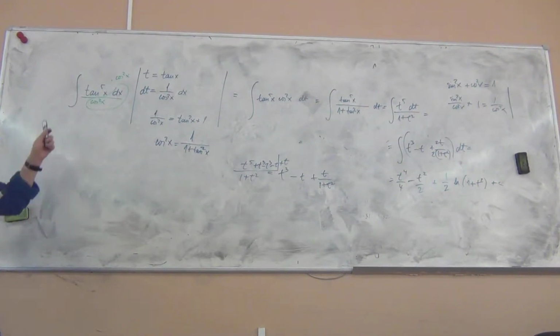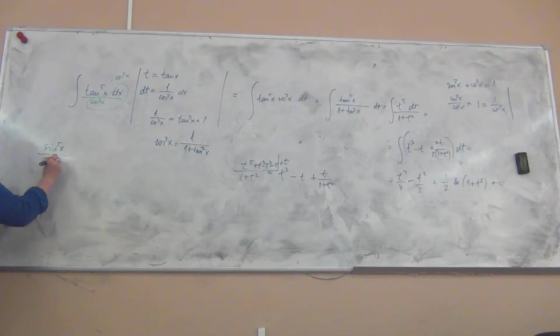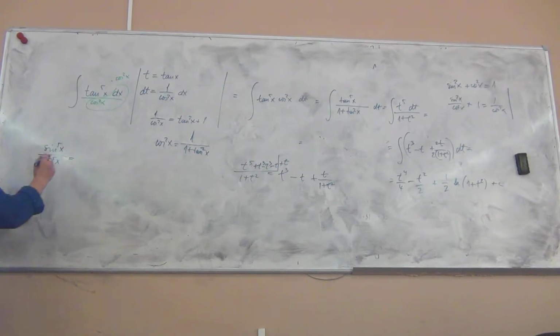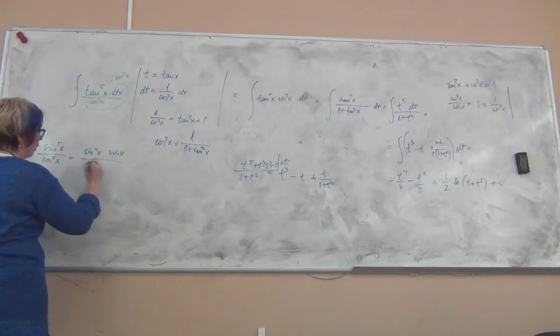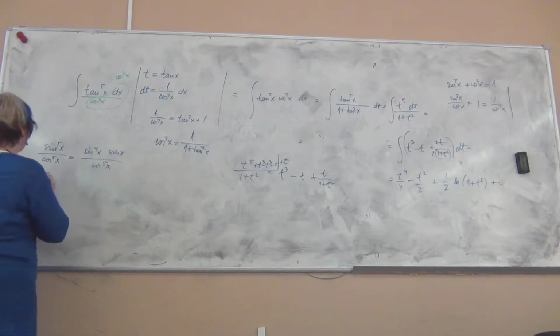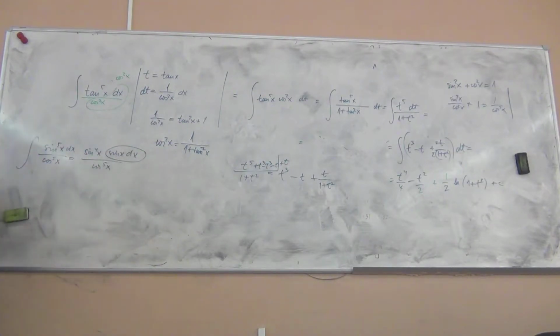Another method of dealing with this tangent to the fifth is, for example, writing it as sine to the fifth x over cosine to the fifth x. And for example, we could change everything into cosine. So I could write sine to the fourth x, sine x, over cosine to the fifth x, and if I want to integrate it, then this is d of cosine with opposite sign, of course, because the cosine derivative is minus sine.